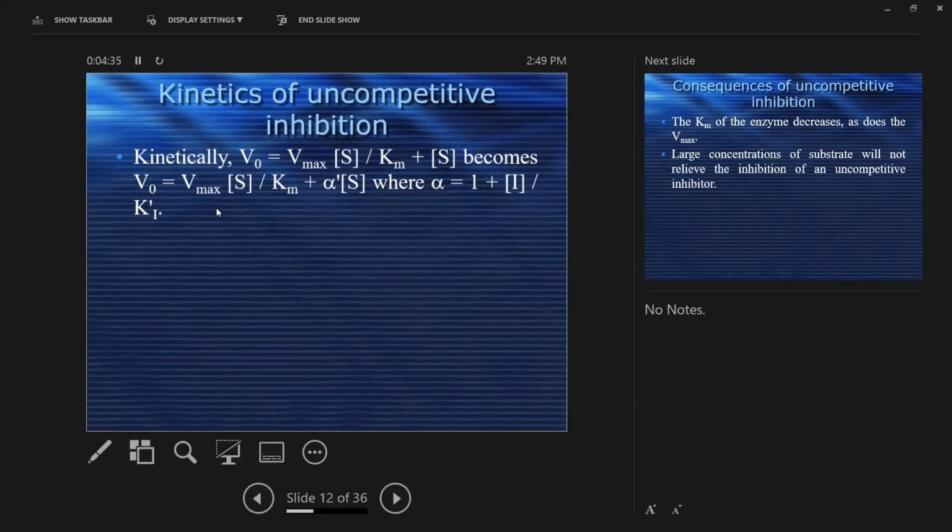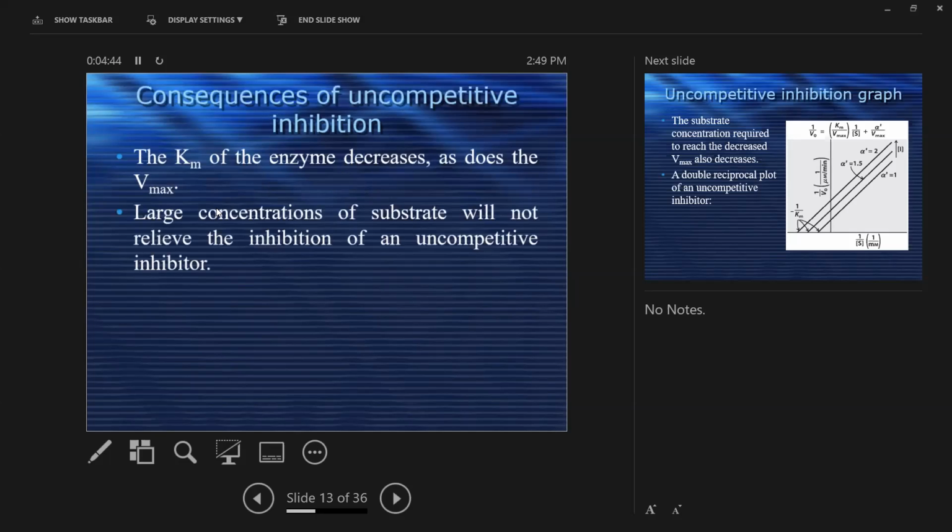So the prime helps you designate between competitive and uncompetitive. So Km goes down. Vmax goes down too.